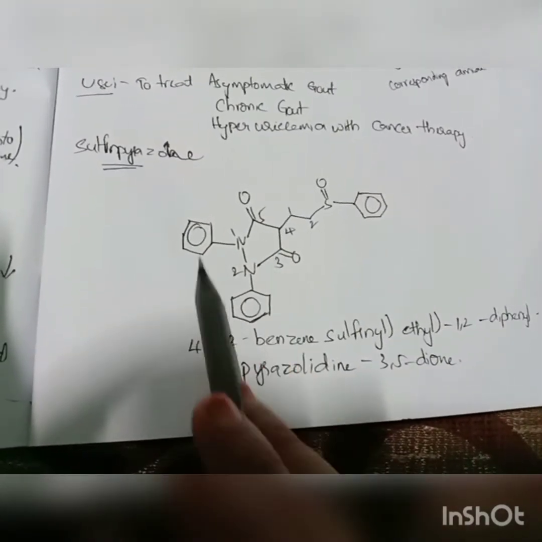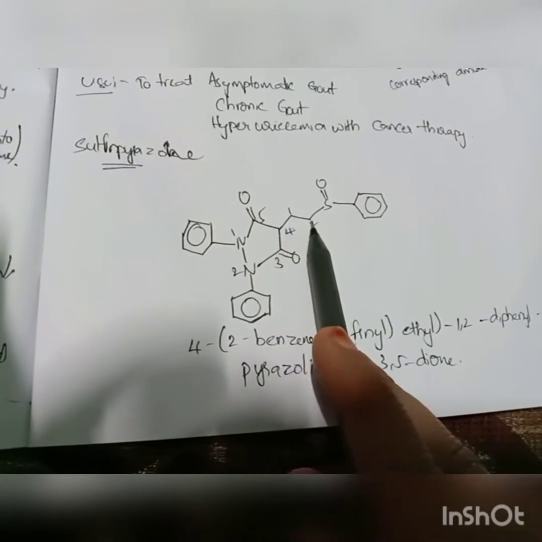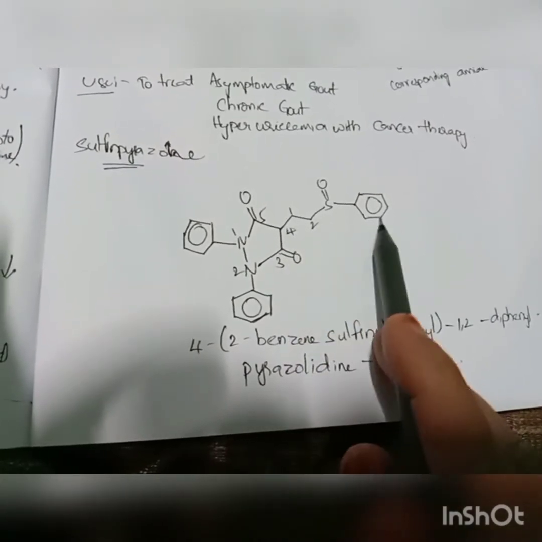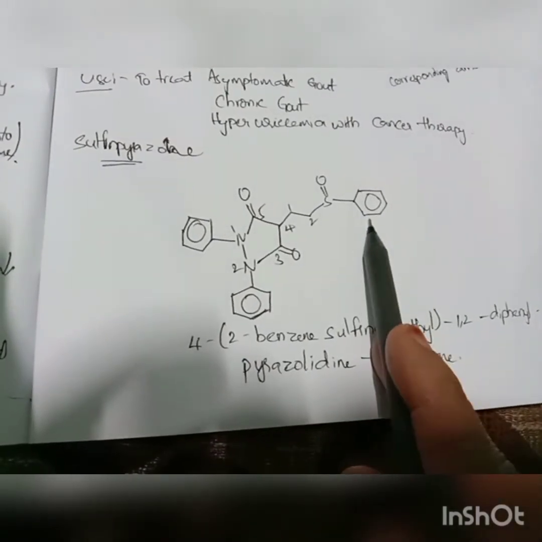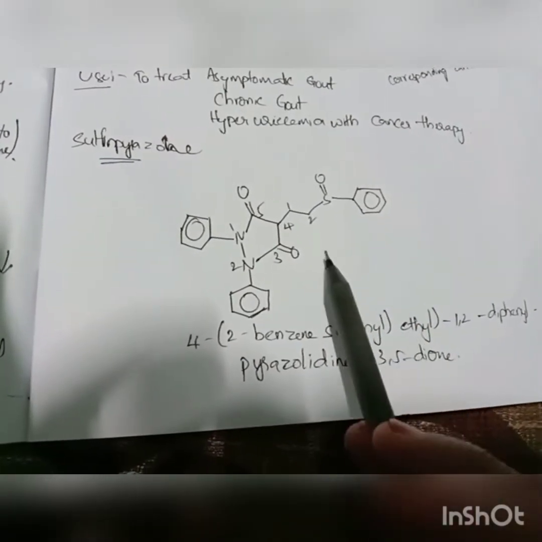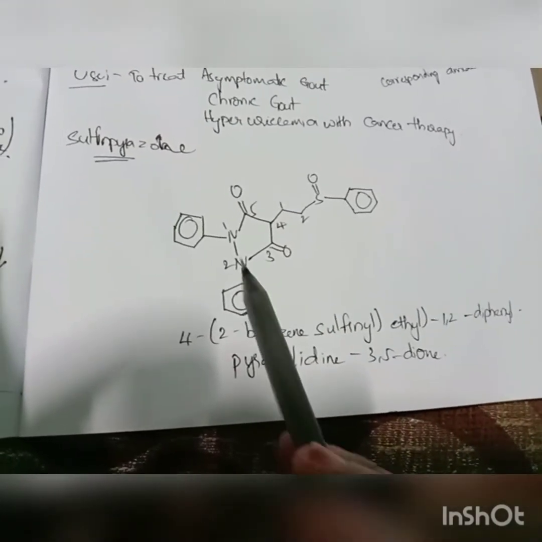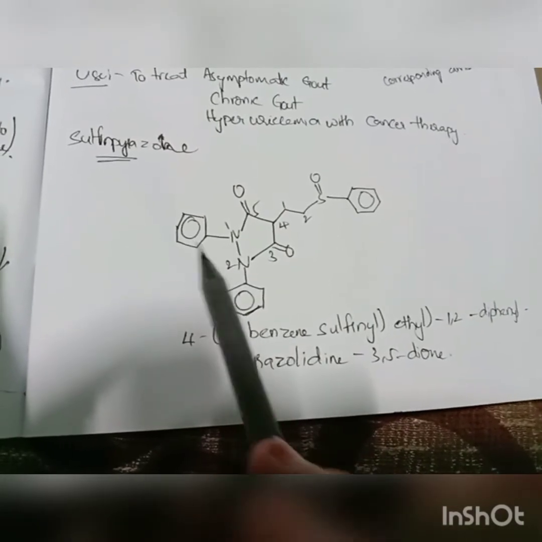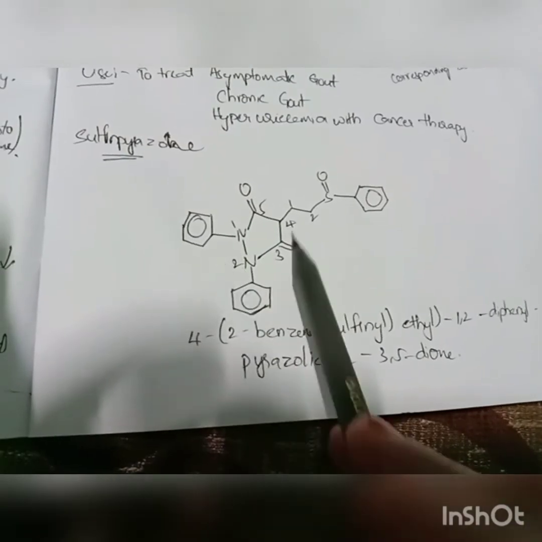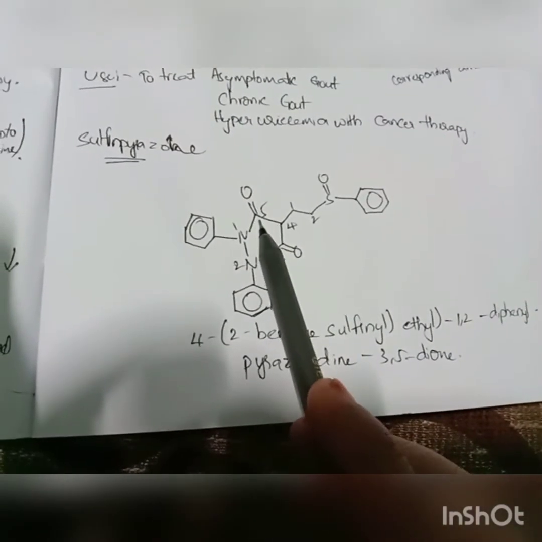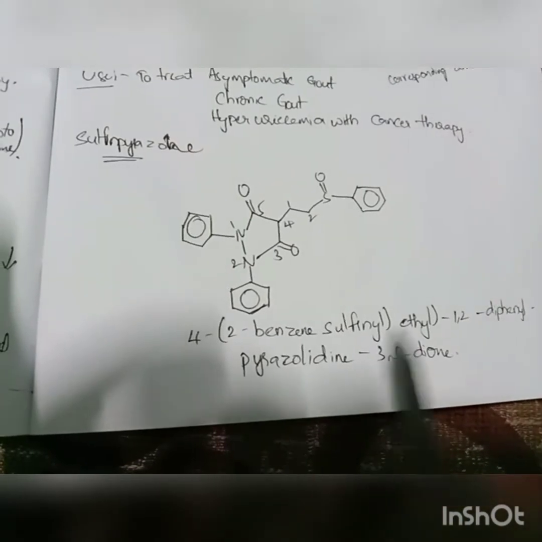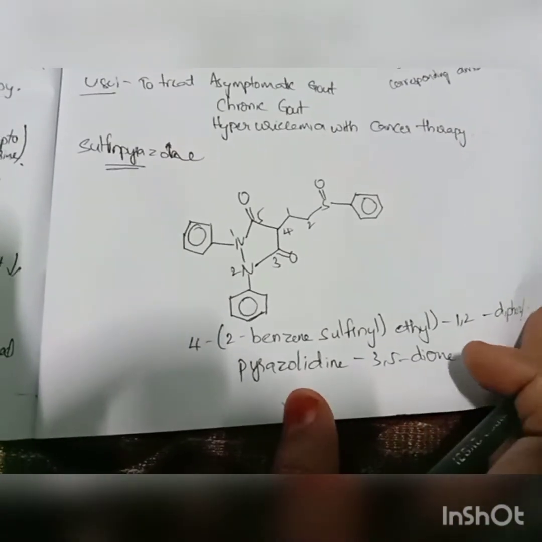At the second position, this group is attached: 4-(2-phenylsulfinyl)ethyl, this is the ethyl group, 1,2-diphenylpyrazolidine-3,5-dione. This is the IUPAC name of sulfinpyrazone.